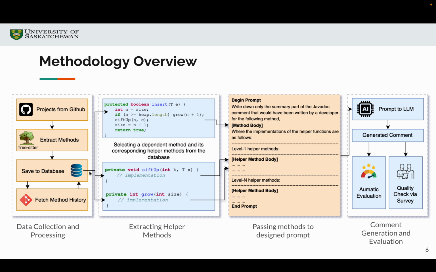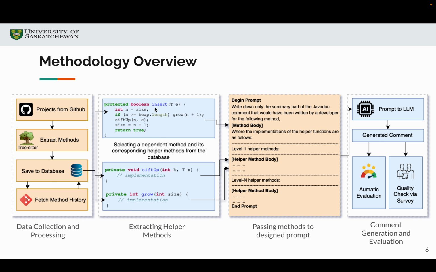Then from the saved methods, suppose we take a dependent method like this one, insert, and it depends on shiftUp. You can see shiftUp, and there is another method, grow. So for this dependent method, we also extract the helper methods. It depends on shiftUp and grow.